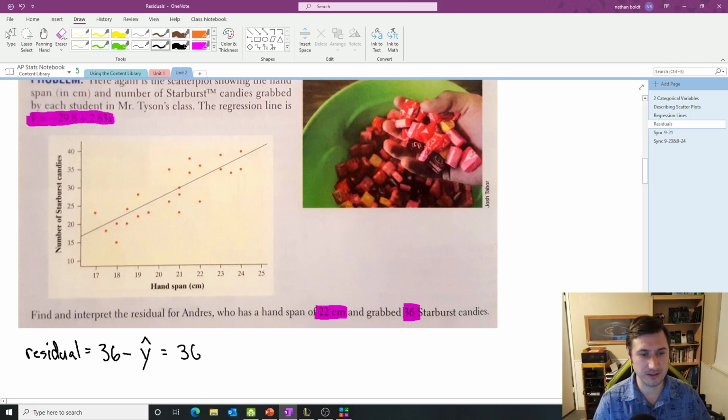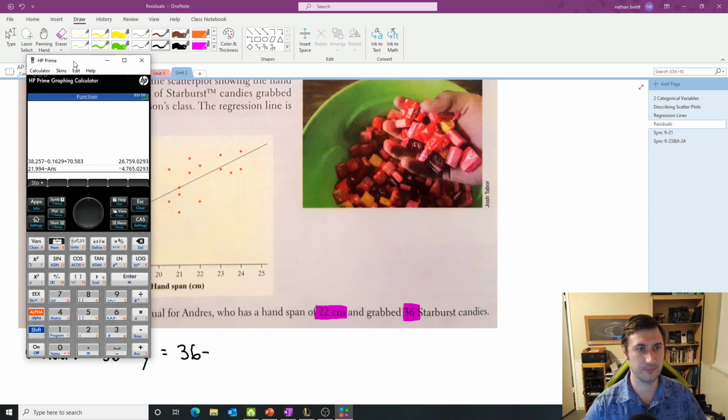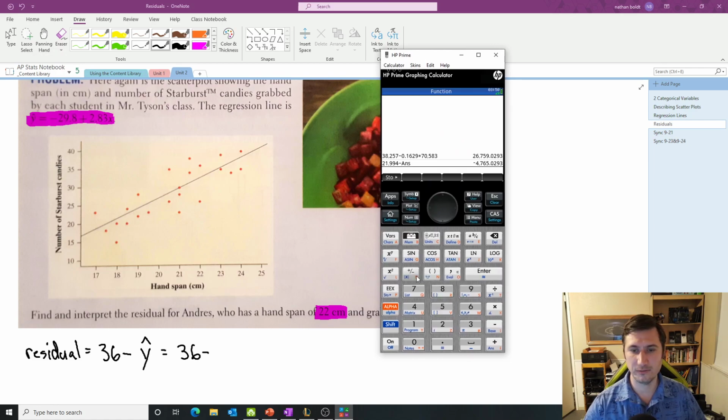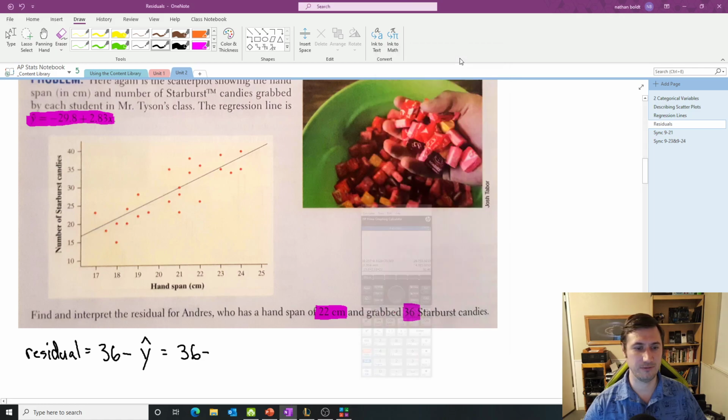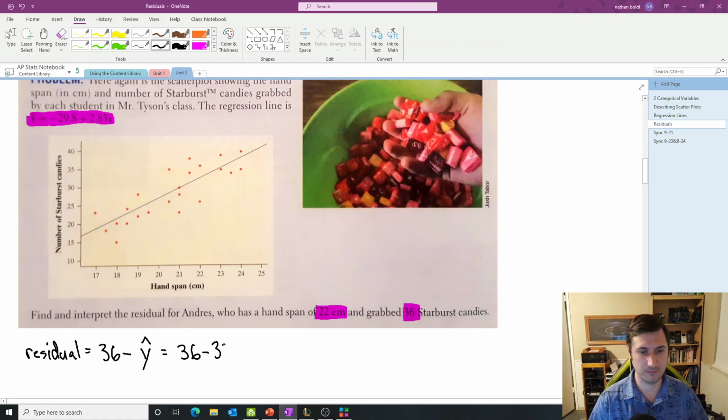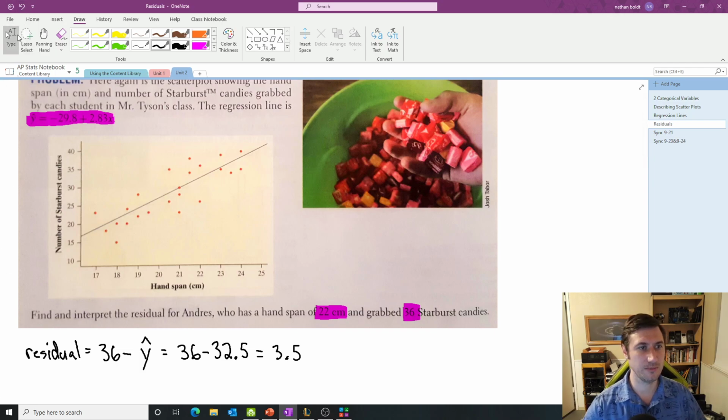So that will be 36 minus, pull up our calculator, negative 29.8 plus 2.83 times 22 centimeters for his hand span, which is 32.5. So that is a residual of 3.5.